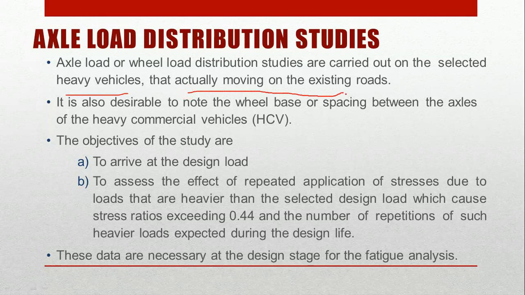On the existing road, what is the initial traffic before designing? What is the number of vehicles moving on the road surface, which type of wheels the vehicles have, what is the wheel base, and what is the spacing between the axles if there is a dual axle wheel? All the data is collected under the axle load distribution study.